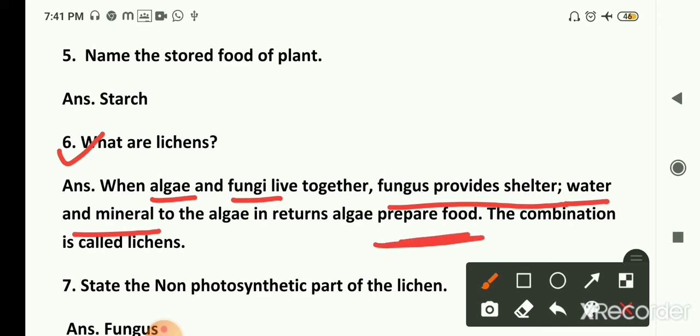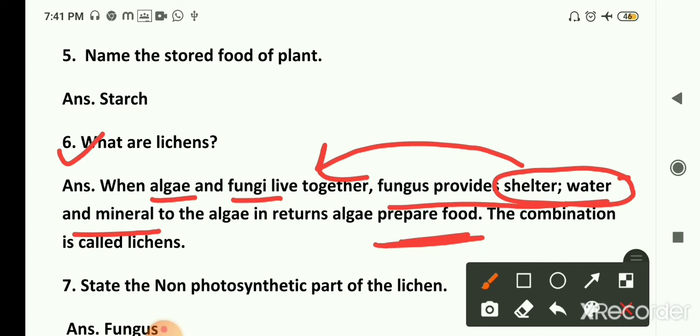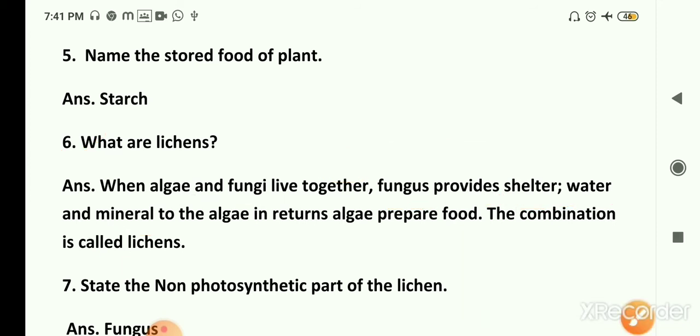Algae is green, and it needs carbon dioxide, sunlight, and water; chlorophyll is already present. Water is provided by the fungus, then it can prepare the food, and this food is shared with the fungi also, right?